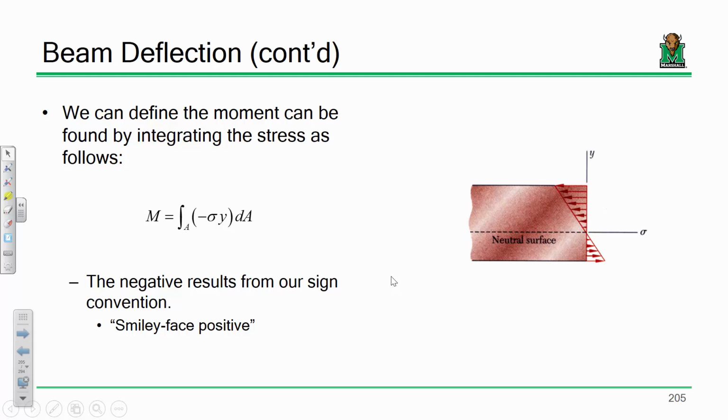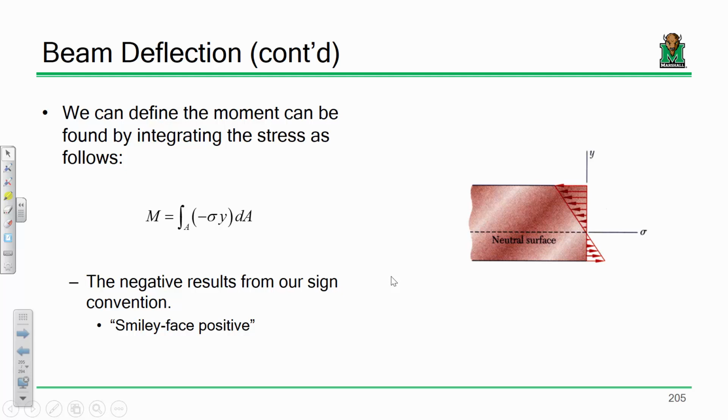We can define that infinitesimally by taking a little differential element, a little itty-bitty slice, a dA slice, and saying the force on that slice is sigma dA. If we multiply that by y, a force times a moment arm, that gives us the moment on that little slice. If we integrate that about the area, that'll give us the moment. That's pretty straightforward.